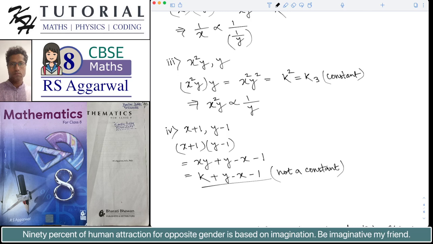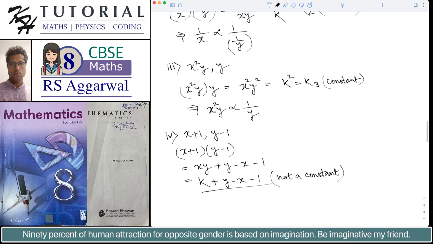Now what will be a constant? A constant will be any expression that has numbers and should not contain x and y. It can obviously contain k, because k is the constant of variation for the quantities x and y.